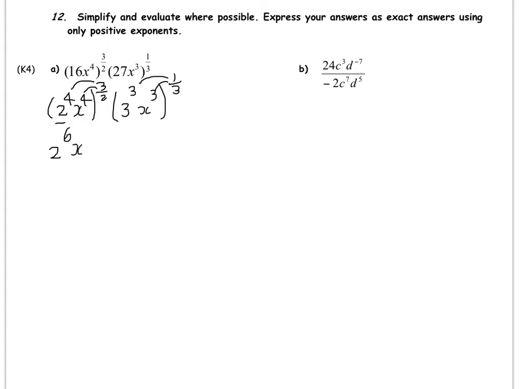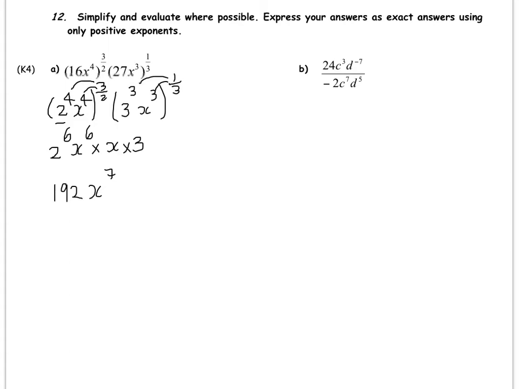For x, the exponent is 6 times 3 times 1 over 3, which gives me 1. So for x and also for 3, I'm going to get the same thing. Now 2 exponent 6 times 3 is going to give me 192. And x exponent 6 times x is going to give me x exponent 7.